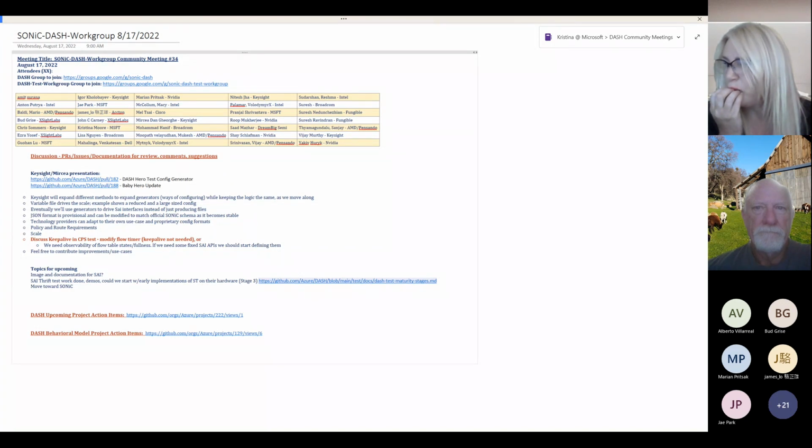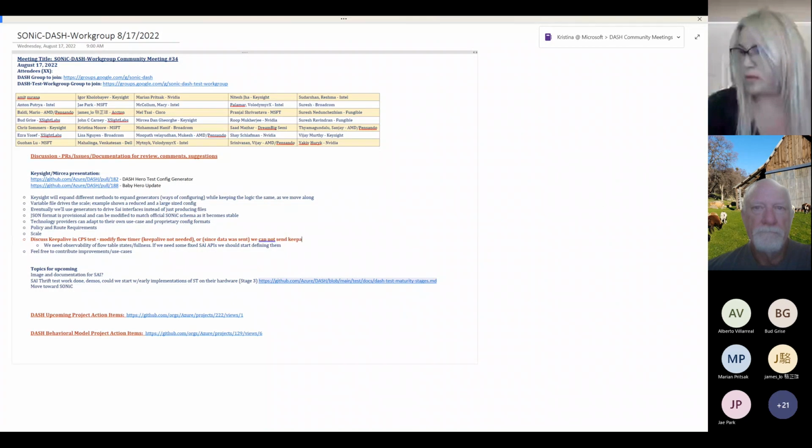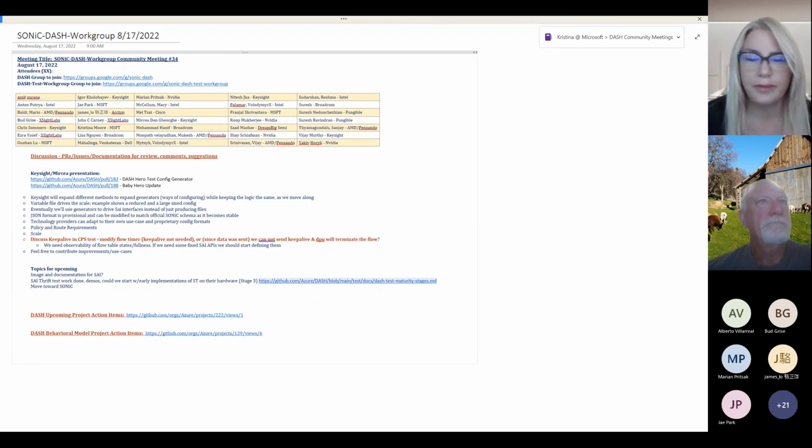The other one, since the data was already sent, we can basically not send the keep alive, and then the flow will be terminated by the DPU. I don't think it will affect too much the stats on my side, but probably the DPU will consider these flows as terminated if it holds such stats. So, yeah, those are the two options.